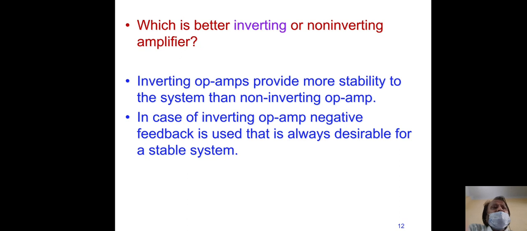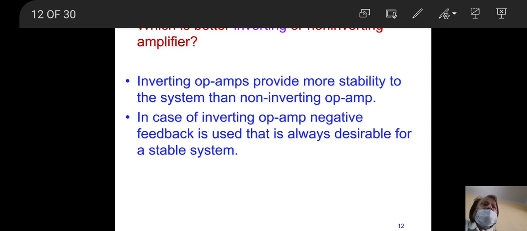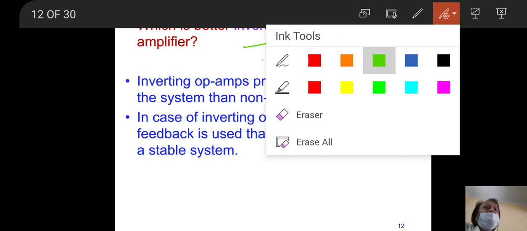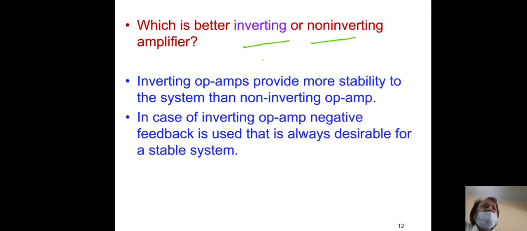Now there are two types of amplifiers considered: inverting and non-inverting amplifiers. What is the difference between the inverting and non-inverting?